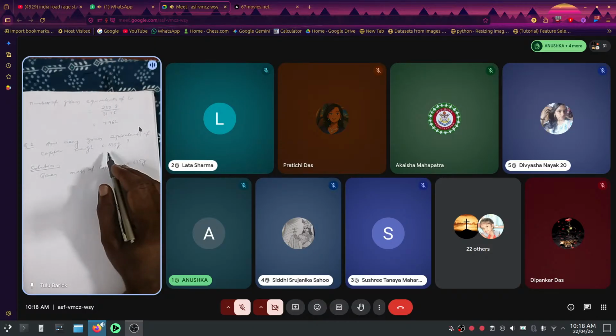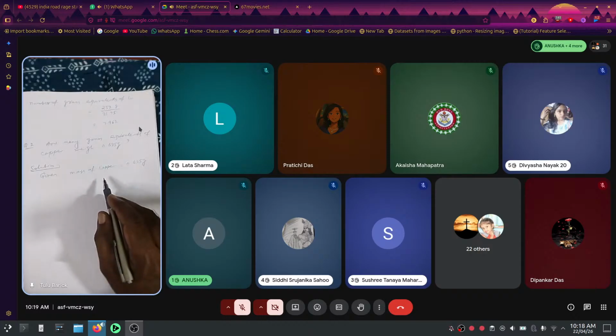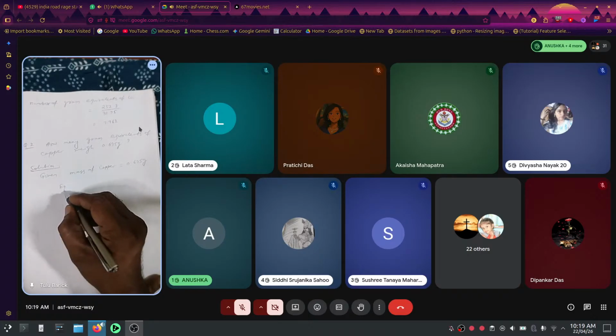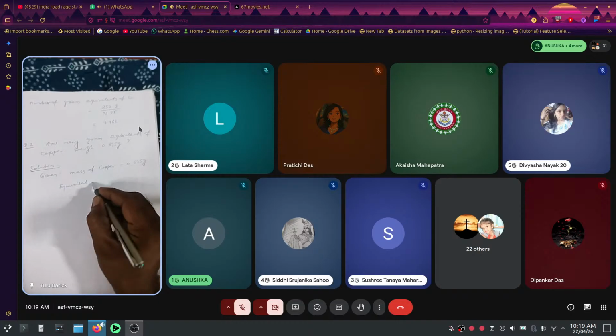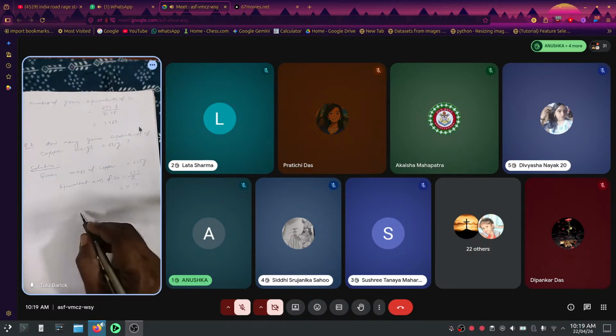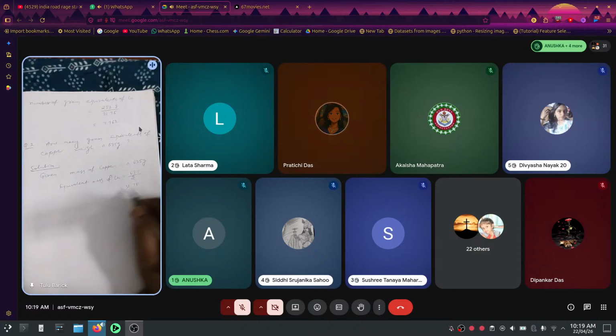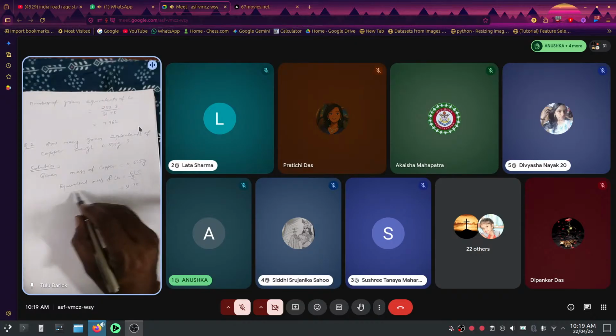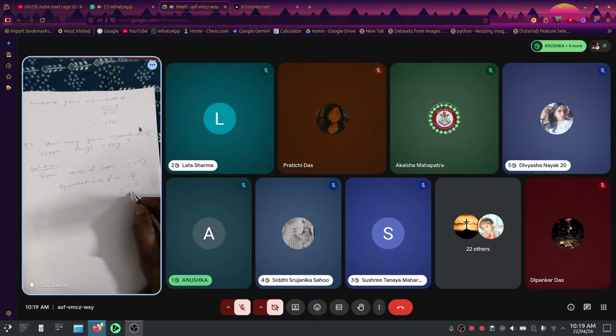Here given mass of copper is 0.635 gram and equivalent mass of copper is atomic mass by valency. Atomic mass 63.5 by valency 2, that is 31.75 gram. The unit is gram per equivalent. Equivalent mass of any element or substance is expressed in gram per equivalent.